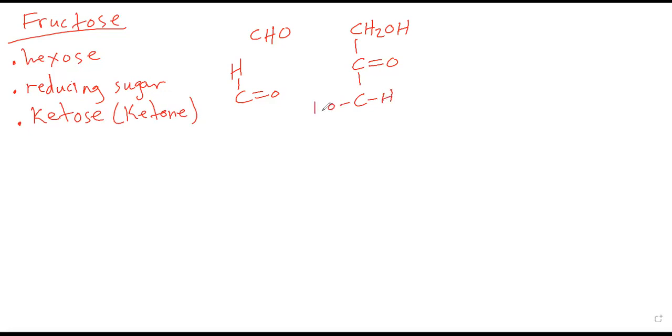Notice again on carbon 3, the OH is on this side. It is kind of similar to the structure of glucose in a way. 1, 2, 3, 4, 5. So the open chain of fructose, at the starting and the ending, has two CH2OH groups.